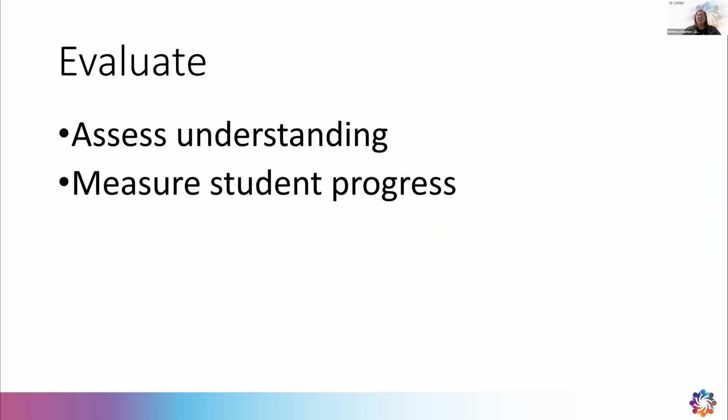We want to be able to show that all this work that we're doing, all this planning, all these activities, we have to have some way of determining if it's had the intended impact on student progress. So when we think about the evaluation phase, this is where we're going to have students answer the questions they formulated at the beginning and give them the opportunity to demonstrate their new knowledge and the skills that they've developed.